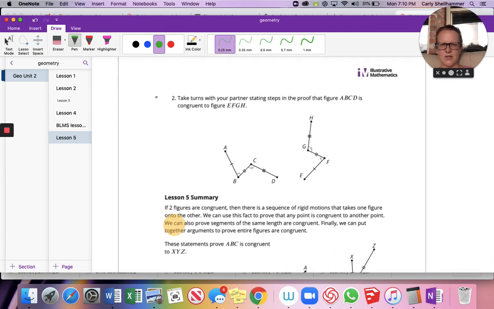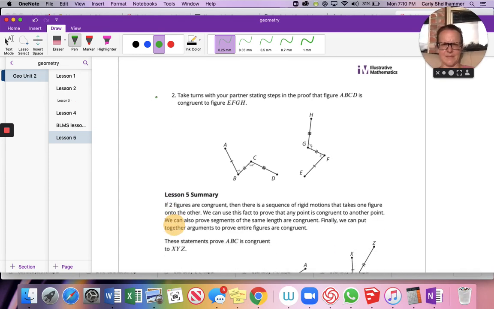All right, so take turns with your partner stating steps in the proof that figure ABC is congruent to figure EFG. Okay, we're just going to write a few of them. So I can say that AB is congruent to EF.